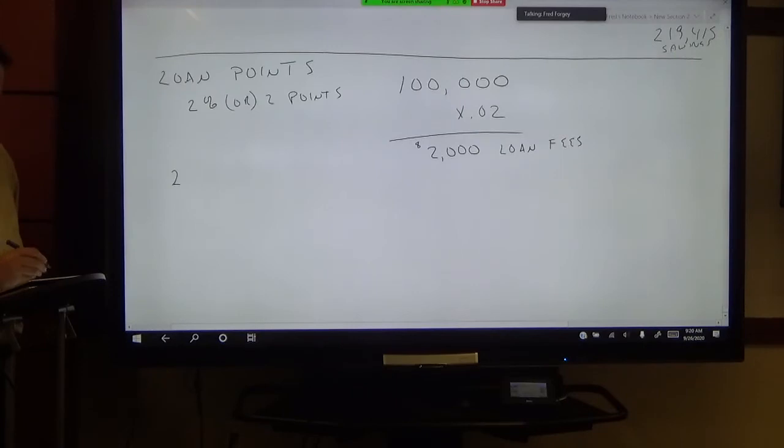That's basically 2.0, okay? And so what I'm trying to say here is it was a way to express a percentage by not saying a percentage twice. And here's what I mean by that. If you heard what I said earlier, I said, okay, you're going to get a 5% loan plus 2 points.